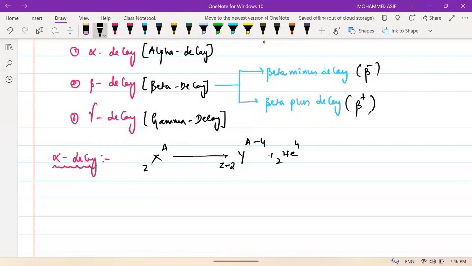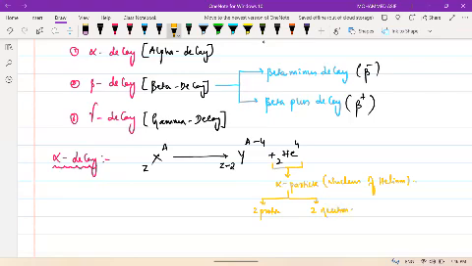This 2He4 is known as an alpha particle, which is the nucleus of helium. An alpha particle has two protons and two neutrons. Am I clear?